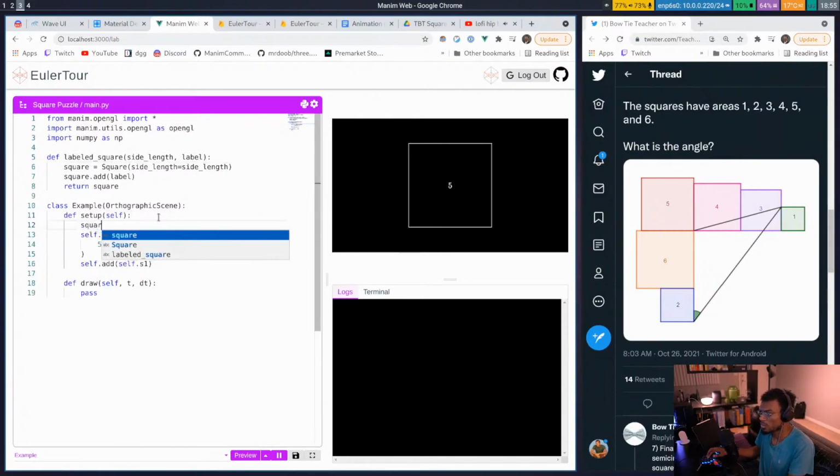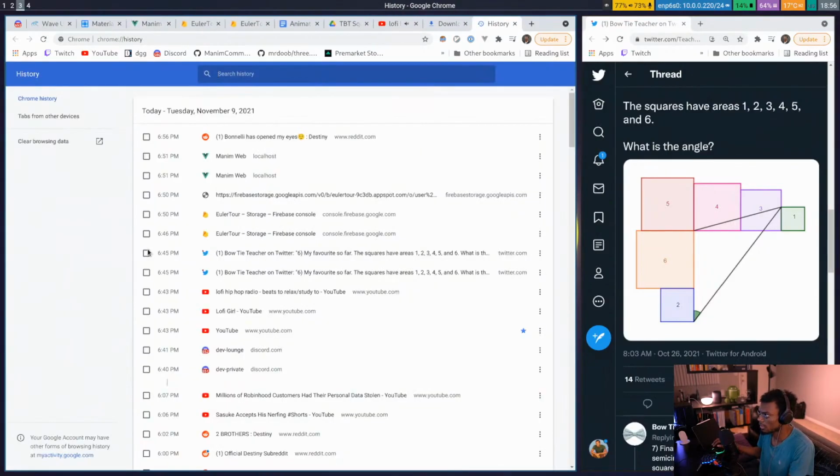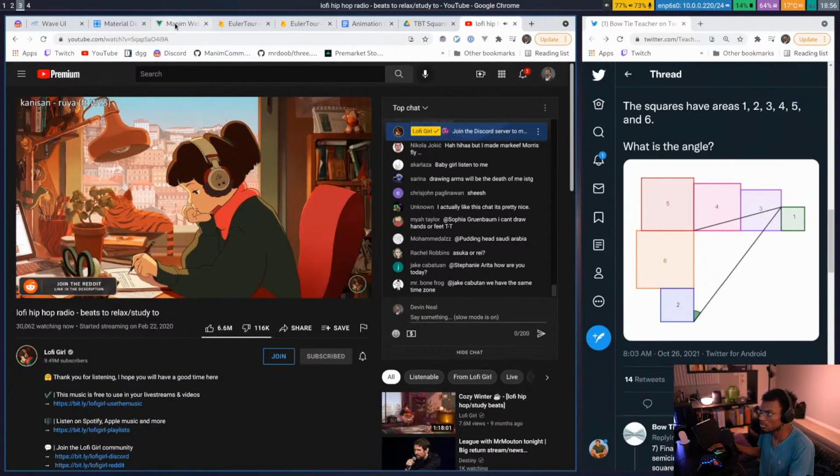Am I gonna have like squares? Make this a V group. Then I'll just add this one in. How'd I do like squares? Squares.s5 equals labeled square of this. And not mess that up.